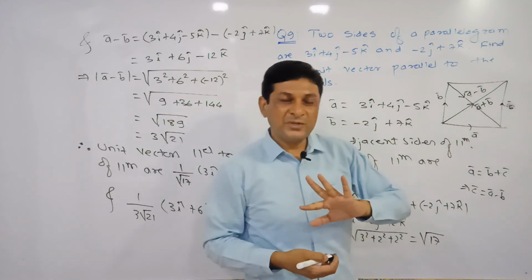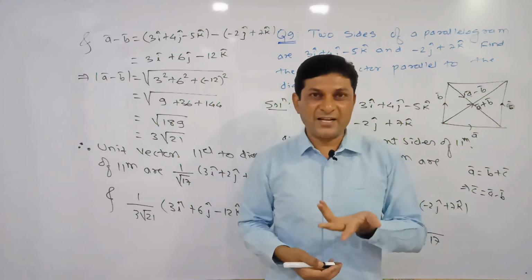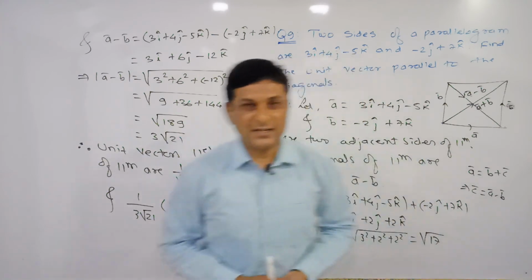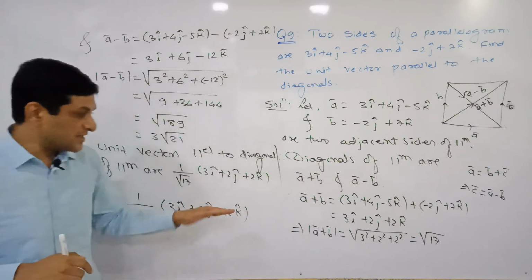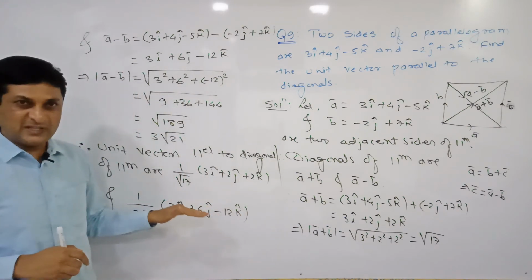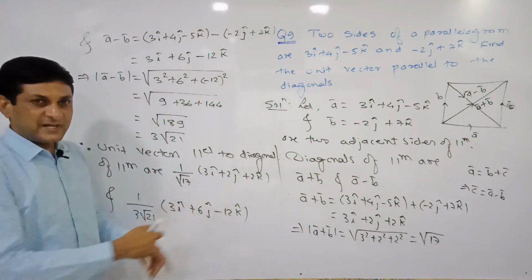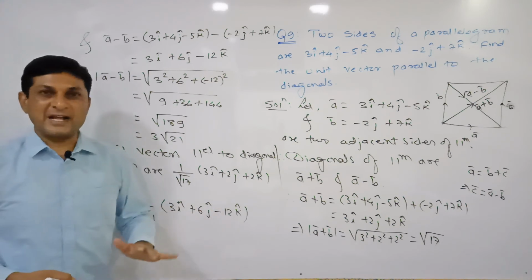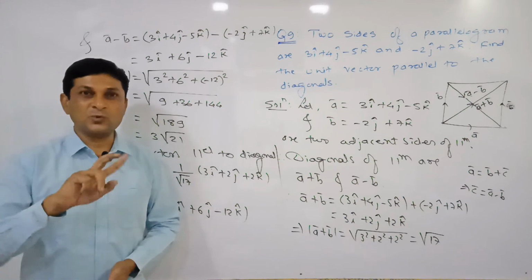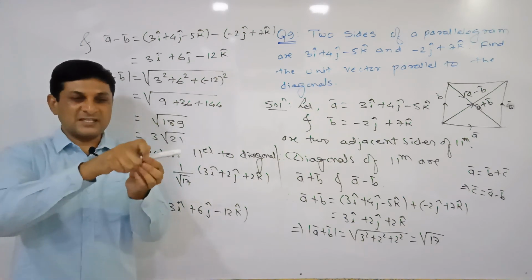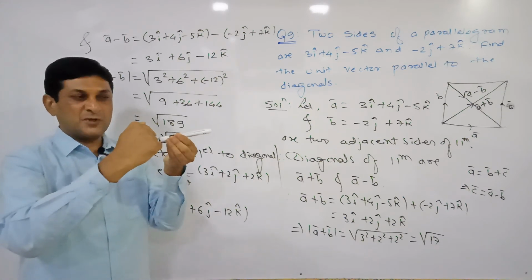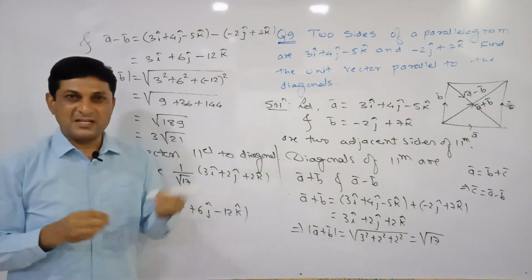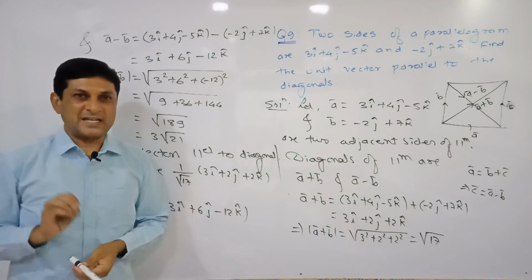So if we find a unit vector in either direction, that answer will be considered correct. If you are solving this example and get different signs, minus, minus here and plus there, your answer is still correct, because two unit vectors are possible, in the same direction or in the opposite direction. That's why two possibilities of signs will be there.